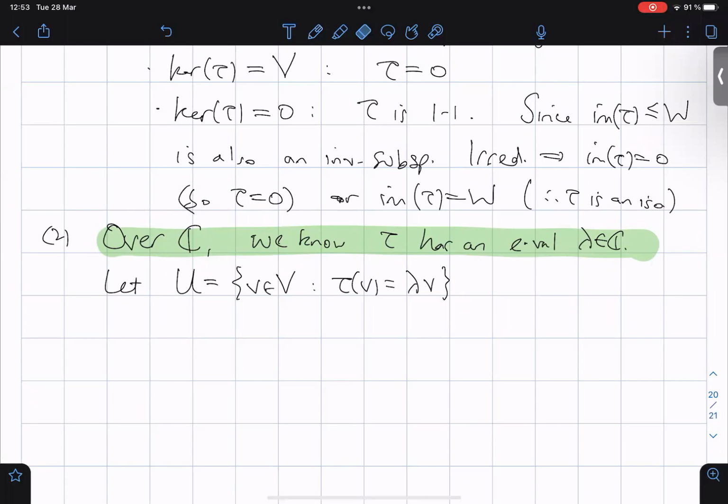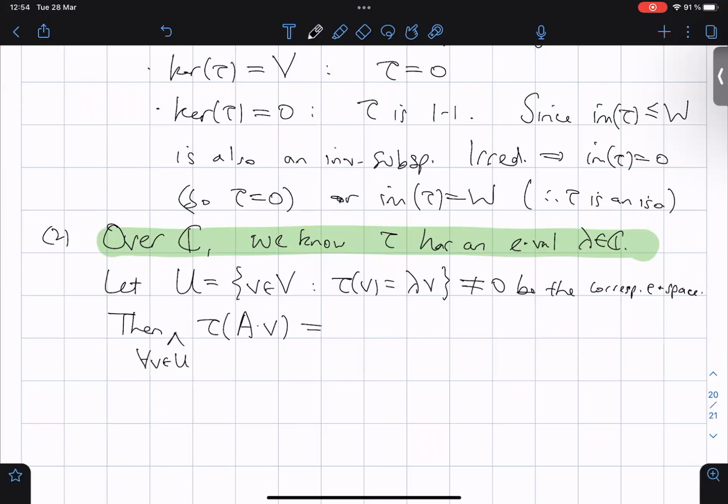And this is non-zero because lambda is an eigenvalue. So then, if I look at a vector in U.